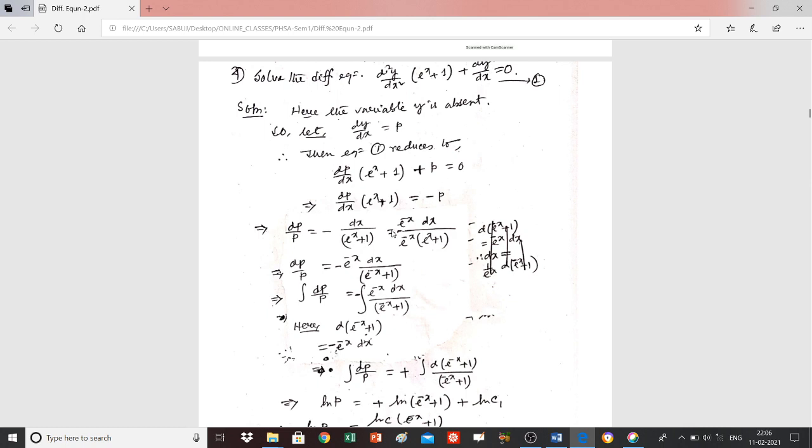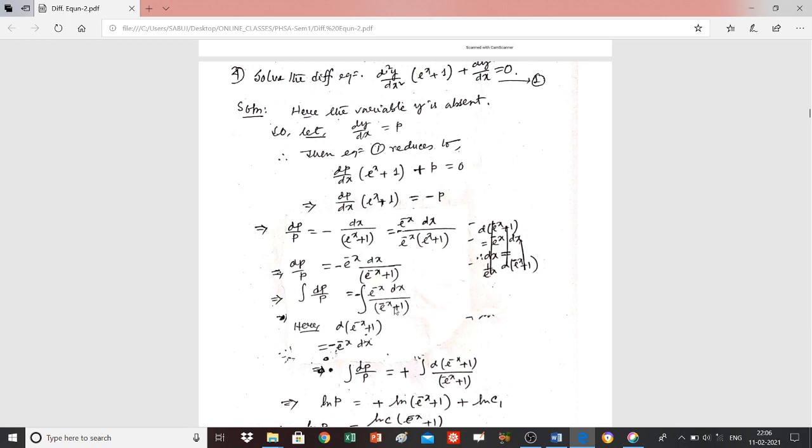Now that can be written as minus, multiplying the numerator and denominator by e to the power minus x, e to the minus x dx by e to the minus x into e to the x plus 1. So dp by p is equal to minus e to the minus x dx by, multiplying this out, the first term gives you 1 and the second term is e to the minus x, so that is e to the power minus x plus 1.